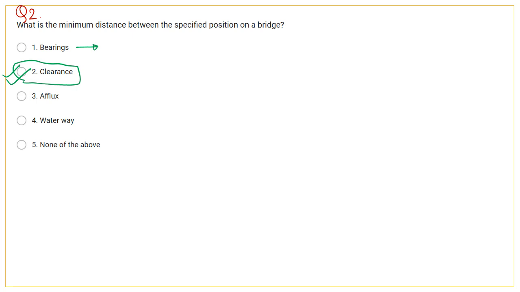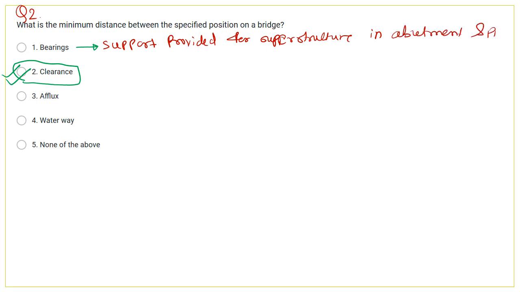Bearing is nothing but a support provided for the superstructure in abutment and piers.